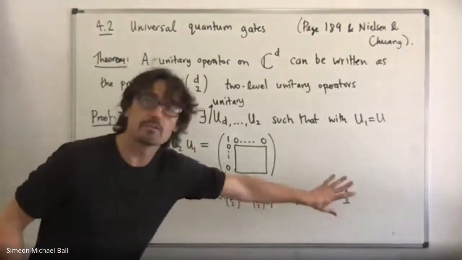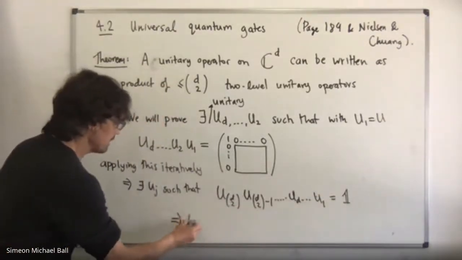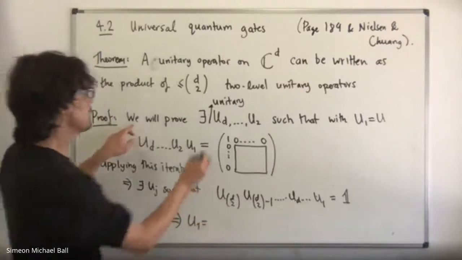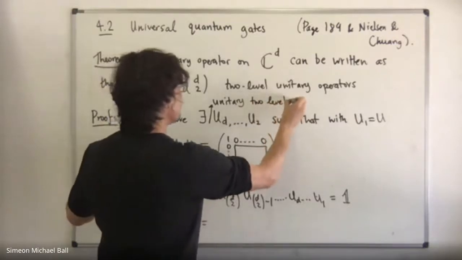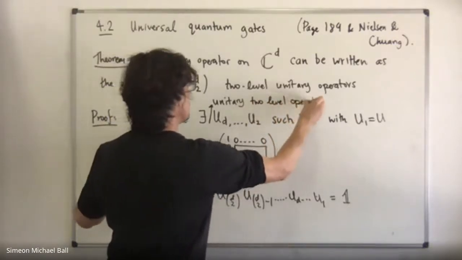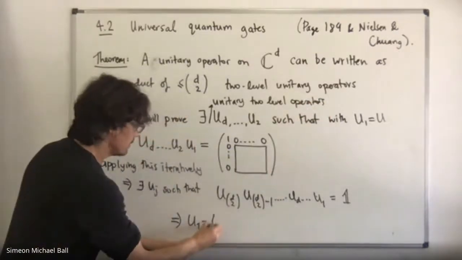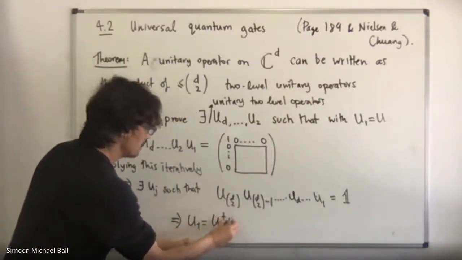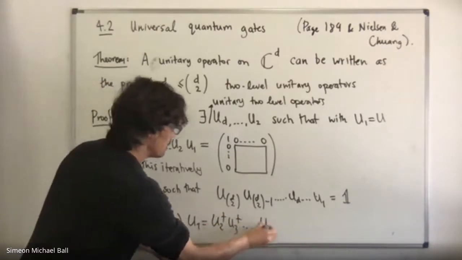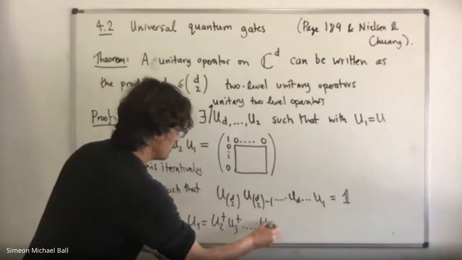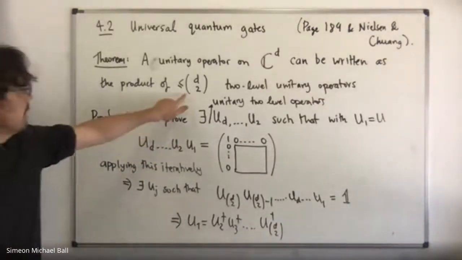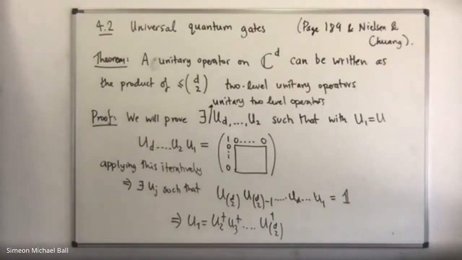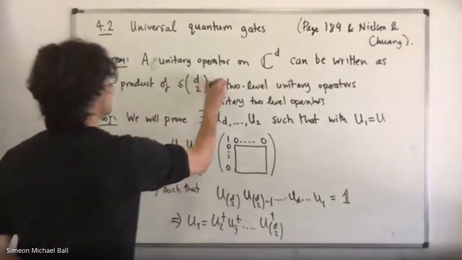So we go all the way down to the identity, which now just means that U1 is... Oh, so I should have said two-level unitary. That U1 is now U2. So it's in fact one less, I believe.